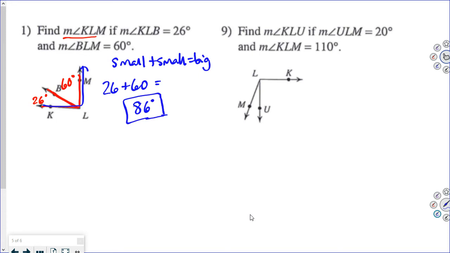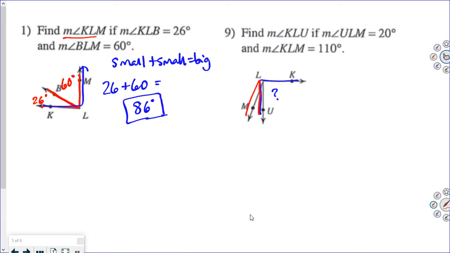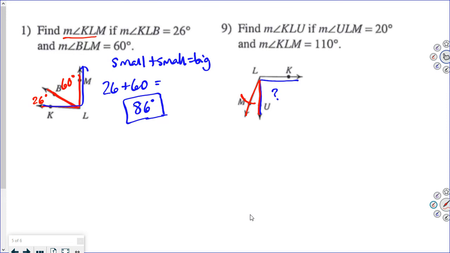For number 9, find the measure of angle KLU. We're looking for this angle, and we don't know it. We know that ULM is 20, and we know that KLM, the big angle, is 110.